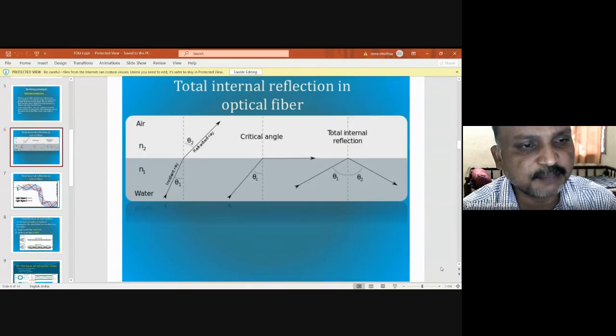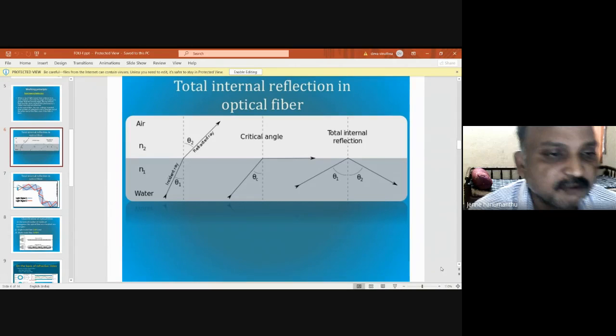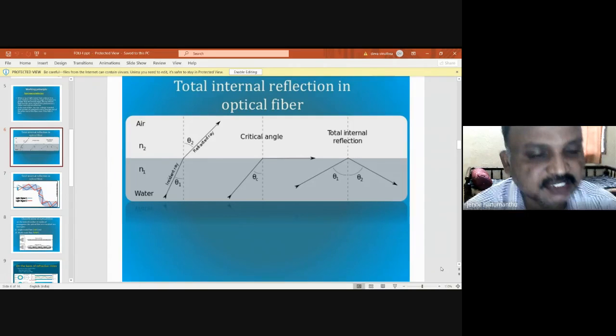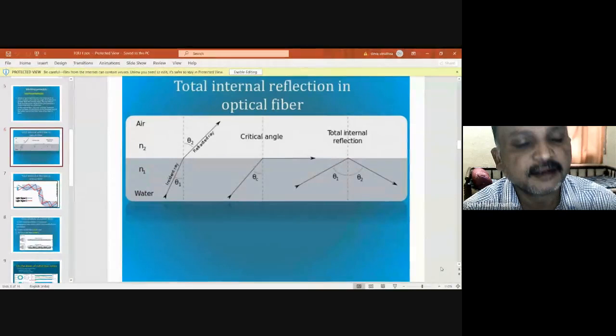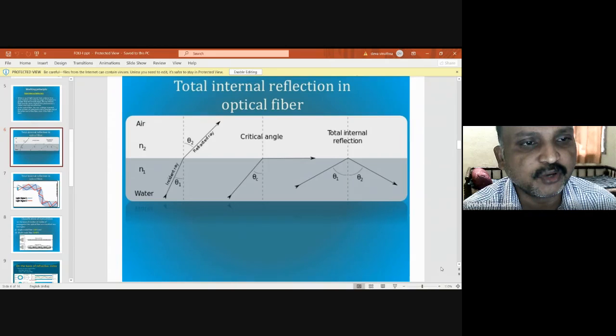See, for example, for core, what is the refractive index? N1. N1 can be calculated like this. N1 equals velocity of light in air divided by velocity of light in core. That's the meaning of N1. N1 is generally very, very high. Next, how do you calculate N2?